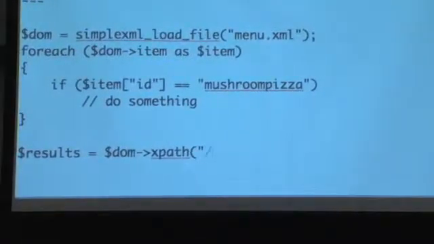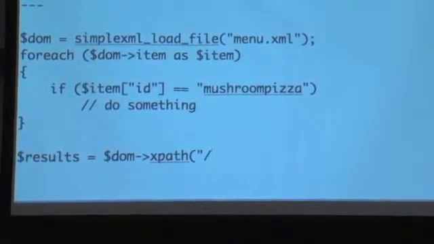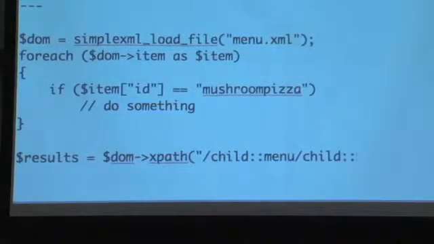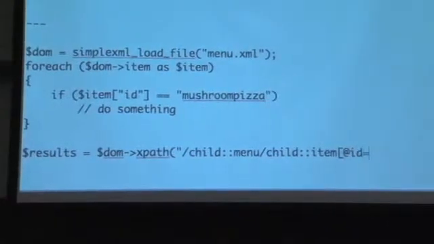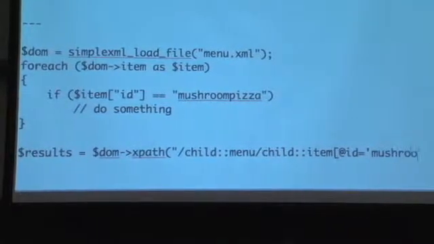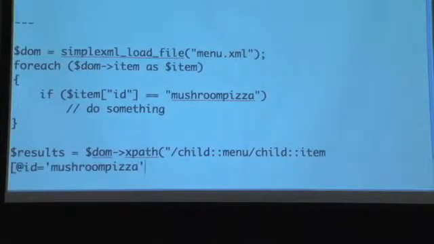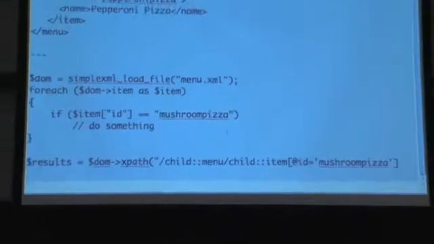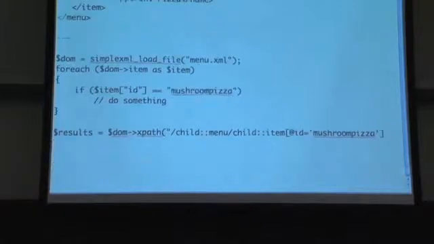So if you're scribbling this down, you don't necessarily want to write down this first version. Child::menu slash child::item predicate, so square brackets, ID equals mushroom pizza, single quote, close quote. So it's wrapping onto two lines, but shrink it down a little bit. And let me move it to the top.